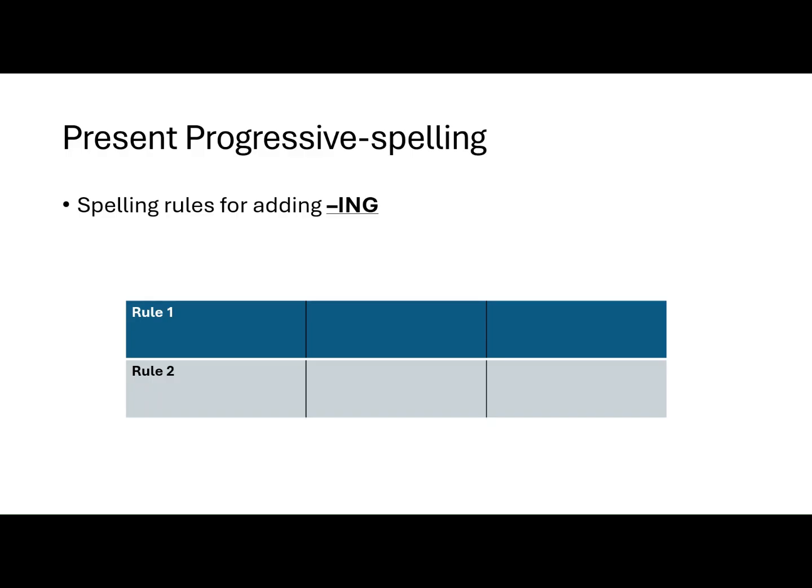Let's look at some spelling rules for present progressive and adding ing. For most verbs, you just add ing, but I have two spelling rules that we need to pay attention to. First, let's look at rule number 1. If a verb ends in E, we drop the E and add ing.